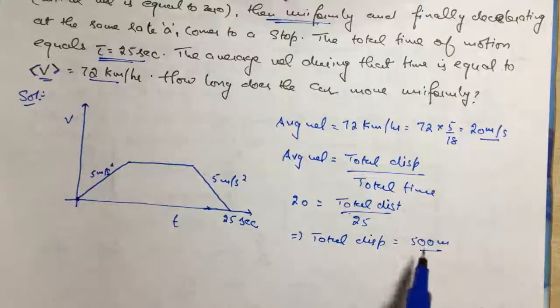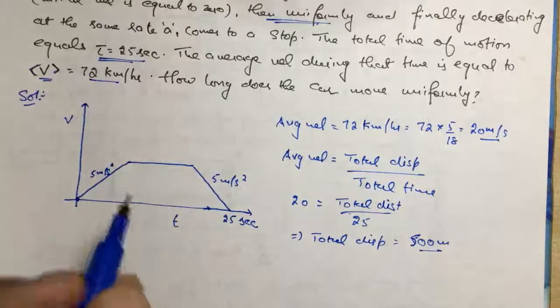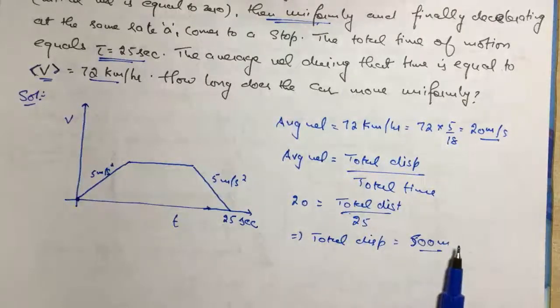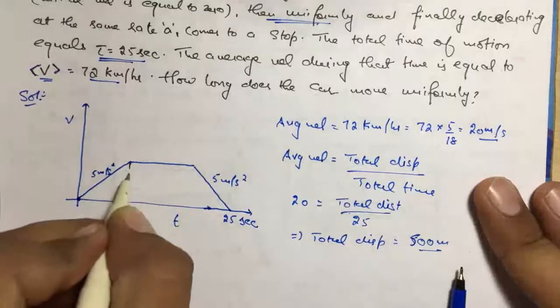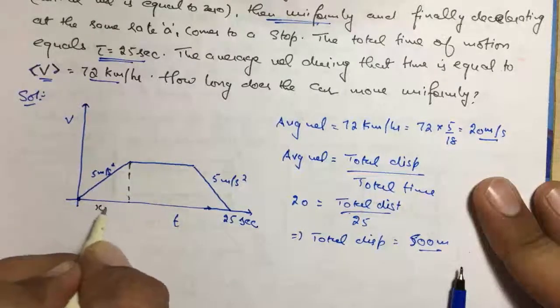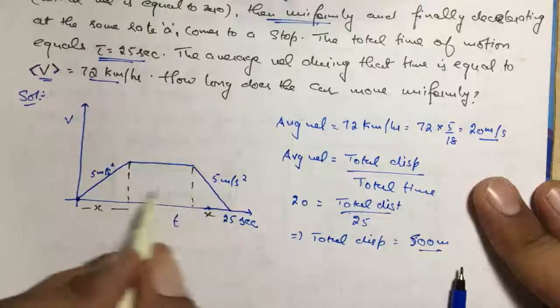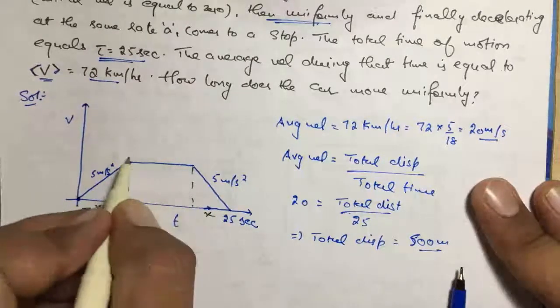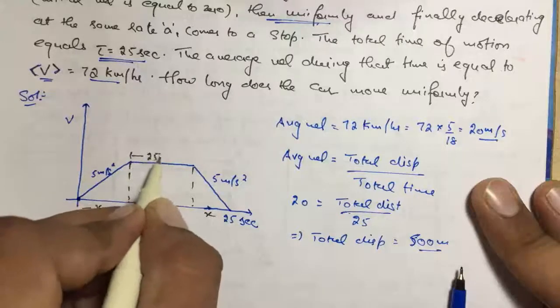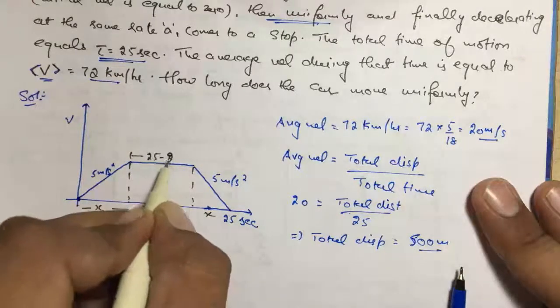I know the total area under the curve, but I need to find this part. Let's say this is x, this is x, because these two are symmetric. Okay, I want to find this, 25 minus 2x.